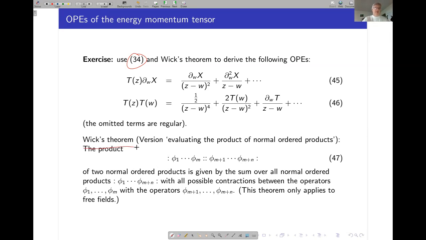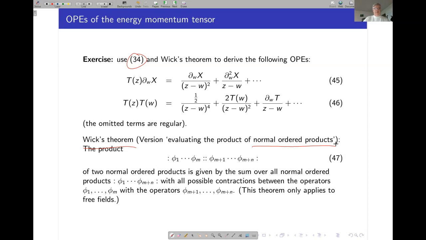More precisely, Wick's theorem has various versions, at least 3 of them I'm aware of, and this is the version of Wick's theorem which concerns products of normal ordered products. Wick's theorem is essentially a combinatorial device which helps one to do the combinatorics right.